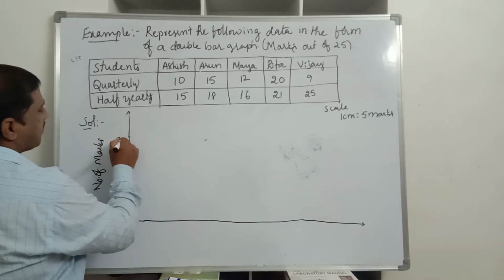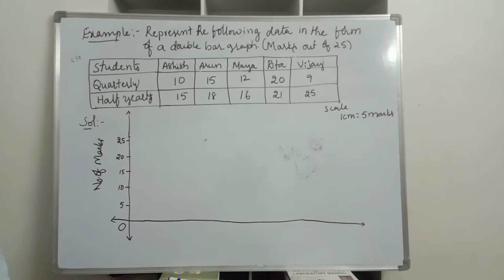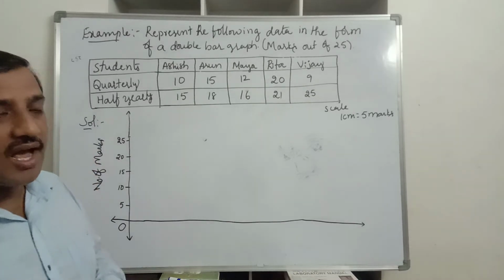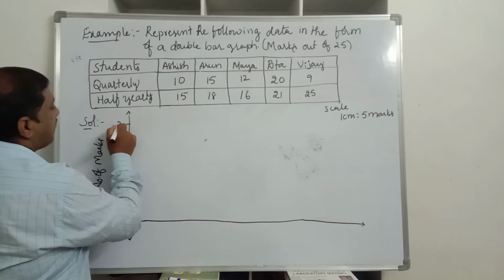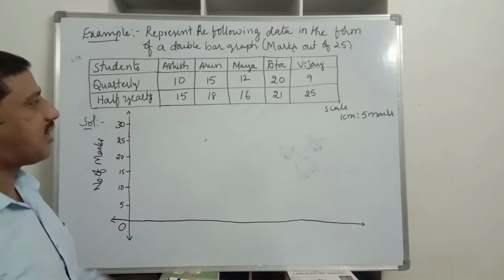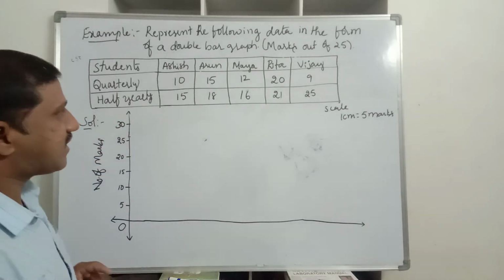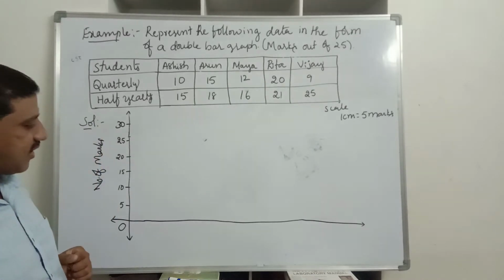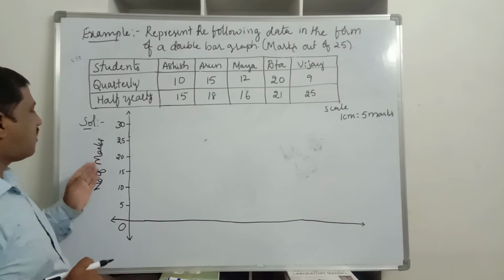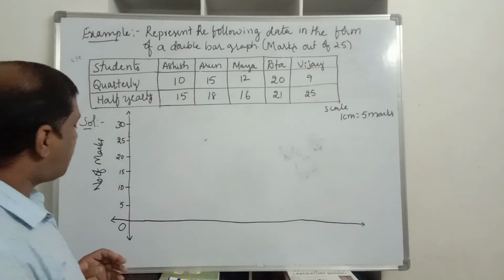At proper distances we should mark 5, 10, 15, 20 and 25. We take one more than the highest value, that is 30. So 5, 10, 15, 20, 25 and 30 are the marks we have represented on the vertical line.